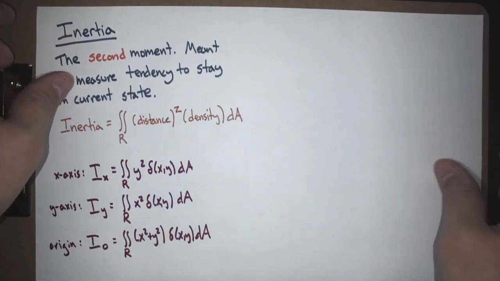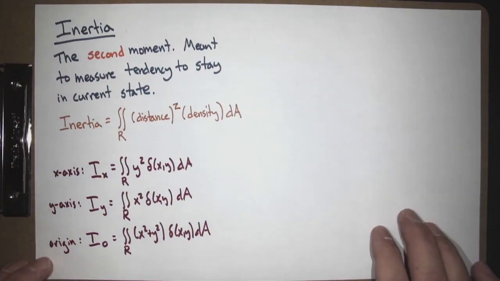All right, well, so we've had mass. I told you mass is like the 0th moment. We also had moment, which is like the first moment. So where do you think we're going next? We're going to the second moment.